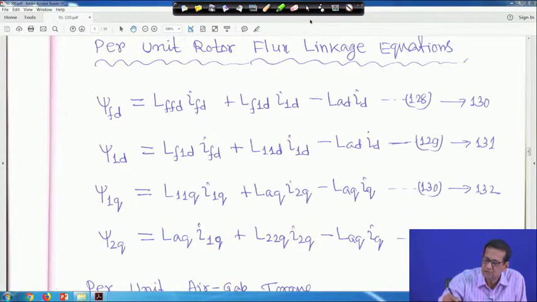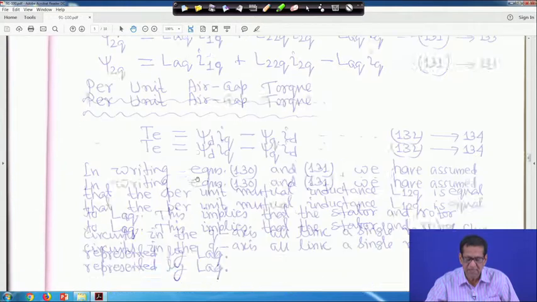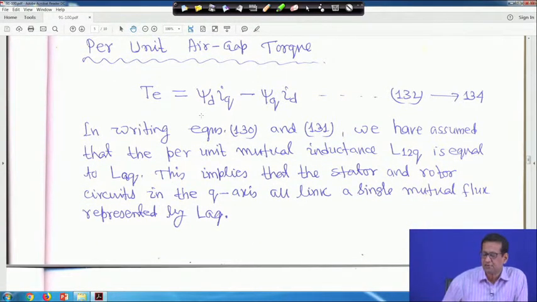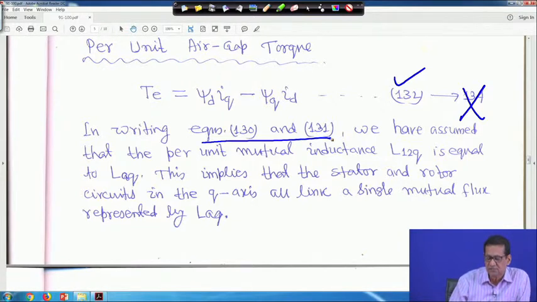Then the per unit air gap torque, we know that T is equal to psi d IQ minus psi q ID. This equation number you should not see, this is equation 132. In writing equations 130 and 131, we have assumed that the per unit mutual inductance L12Q is equal to LAQ.